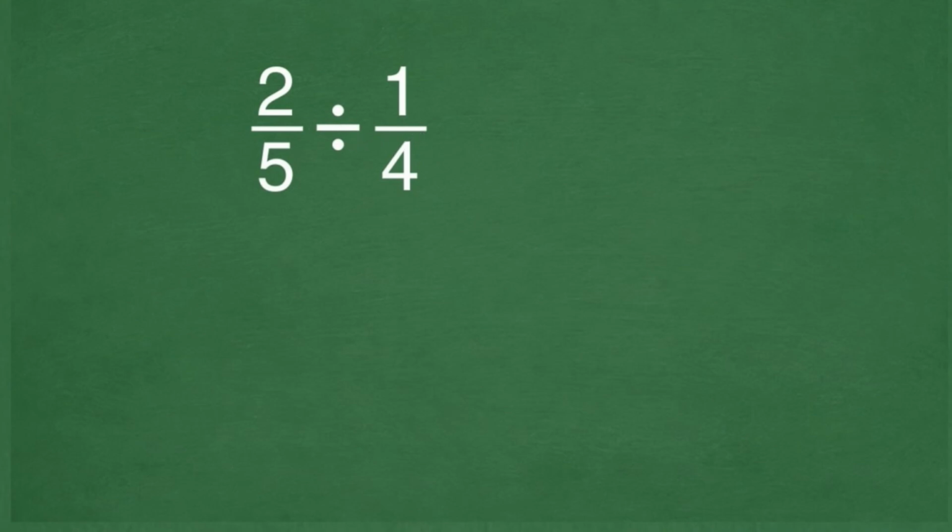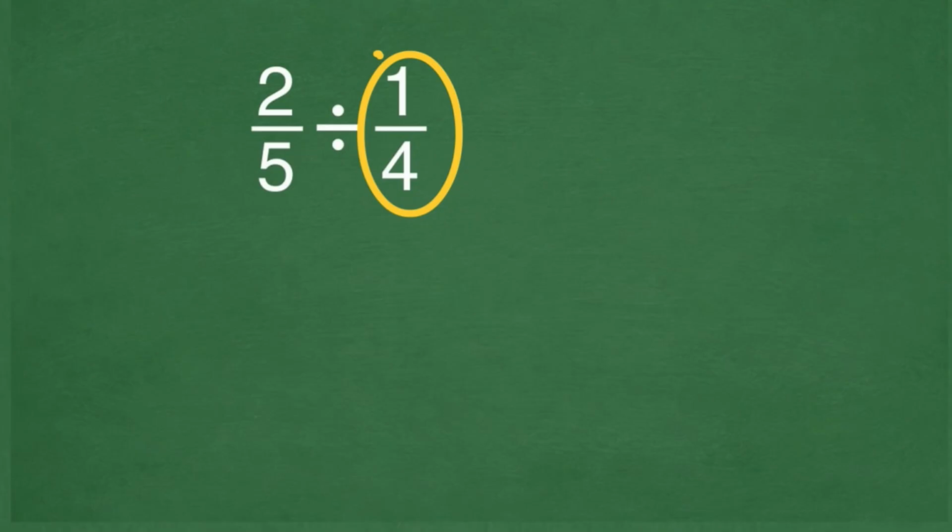So here is the problem. 2 over 5 divided by 1 over 4. So what you are going to do is pick the fraction on the right side of the equation. In our case, the right side fraction is obviously 1 over 4. So that is what we are going to pick.